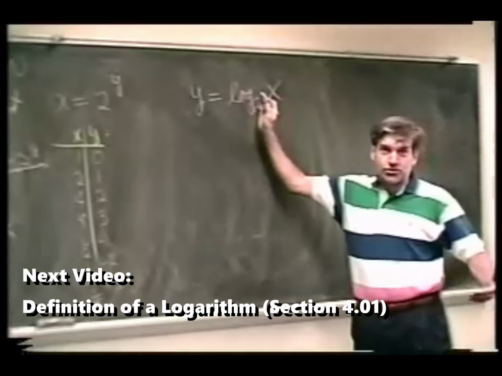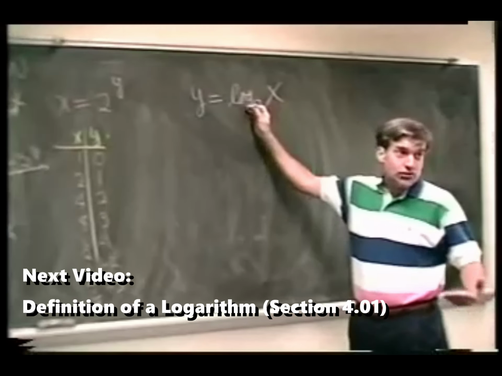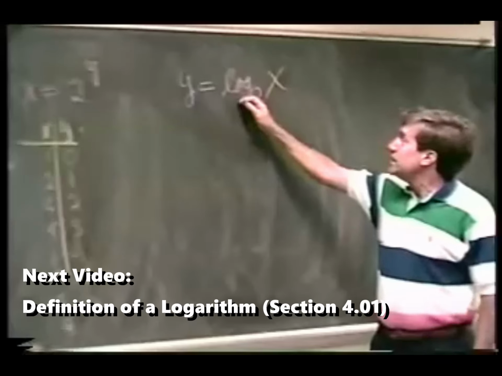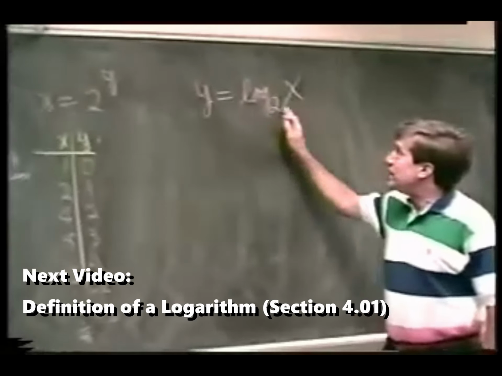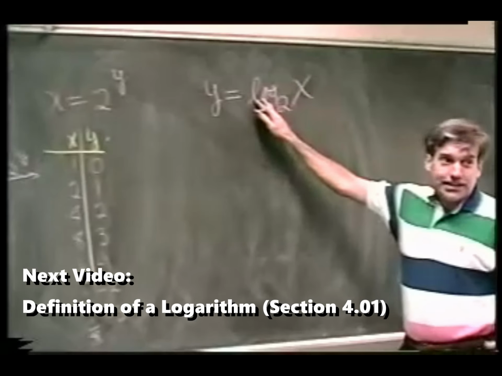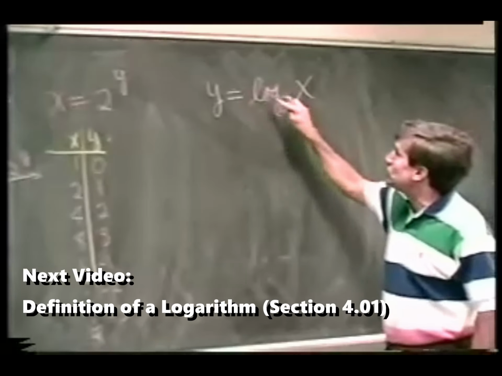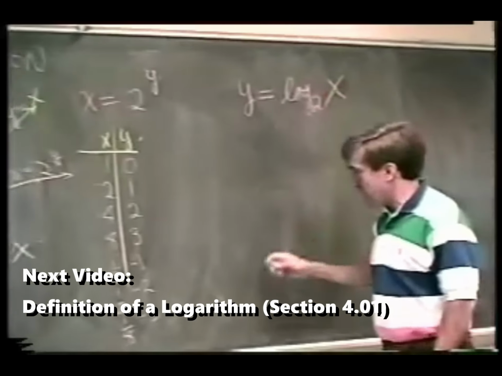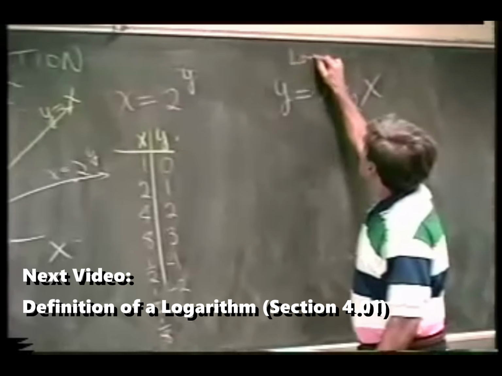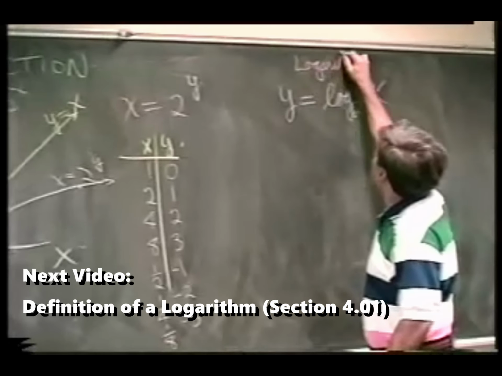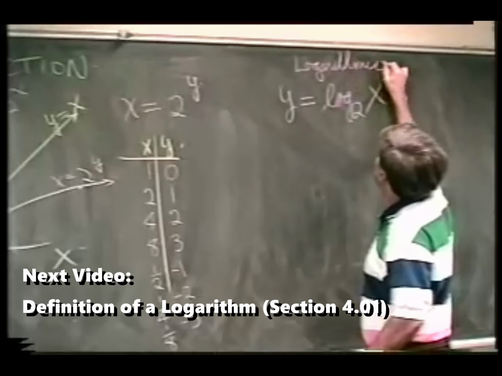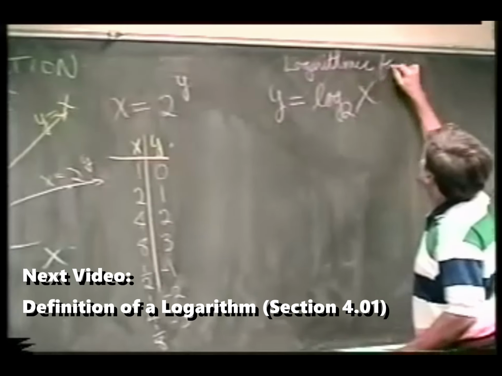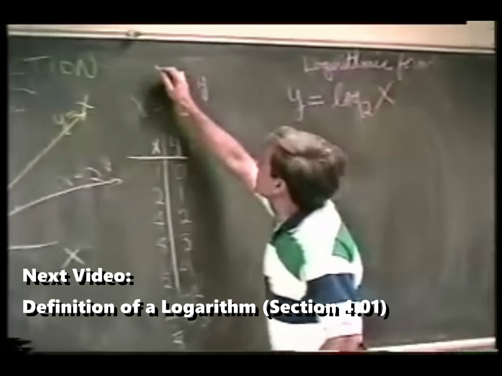If this is the first time you've ever seen logarithms, I know it's the first time you've ever seen that. But the way this logarithm is defined, it means 2 to the y equals x. So this is what we call logarithmic form. Logarithmic form. And this is what we call exponential form.